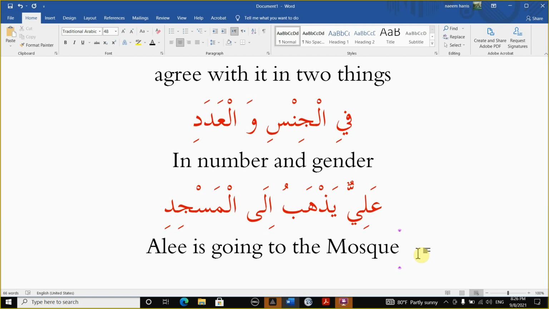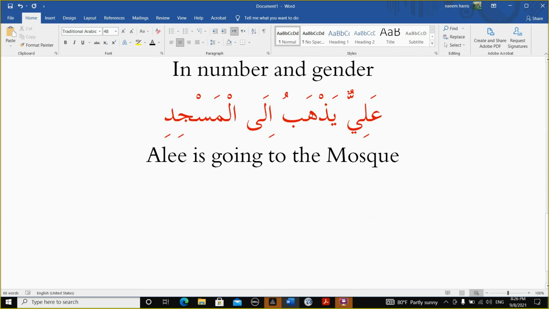علي يذهب إلى المسجد. Ali is masculine, مذكر.